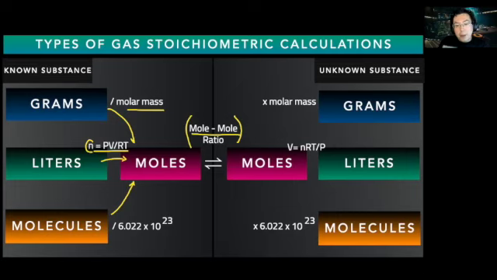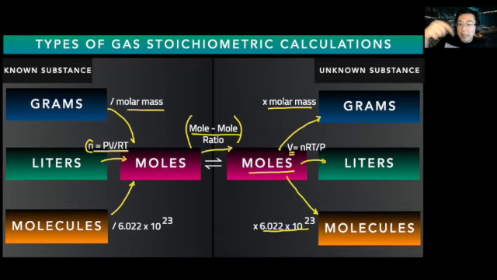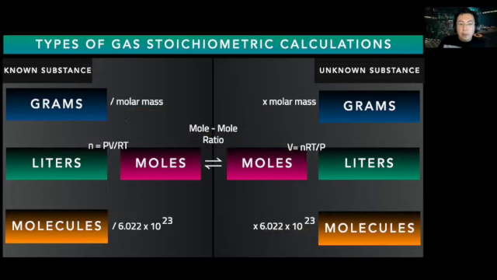Once we have the moles of the unknown substance, we can go from moles to grams, multiplying by molar mass, or from moles to molecules, multiplying by Avogadro's number, or from moles to liters by using the ideal gas law, but now solving for V. If you're going from liters to moles, you have to use a formula. You don't divide by the molar mass. If you're using grams, you use the molar mass. Liters, ideal gas formula. Molecules, Avogadro's number.